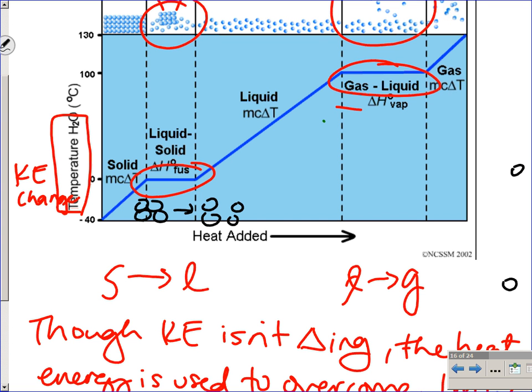It's a liquid, so it's still kind of close together. So you overcome maybe 30% of the intermolecular forces there, but going from liquid to gas, it's 100% separated. That's a 100% overcoming of intermolecular forces, which requires a lot more energy than the little phase change of solid to liquid. Good point there.